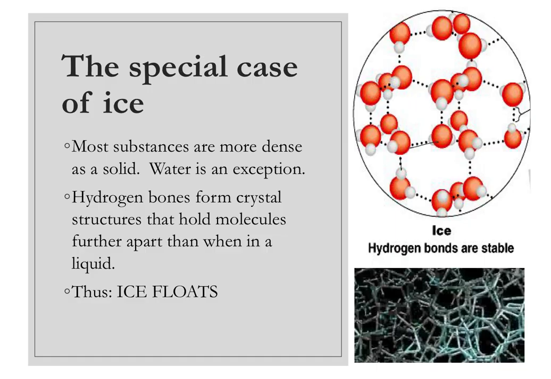But remember, that movement that's happening in the molecules, as the temperature goes down, it stabilizes those bonds. And what ends up happening is that the bonds put themselves in a particular order. And so that allows the water molecules to be spaced farther apart than they were in liquid.